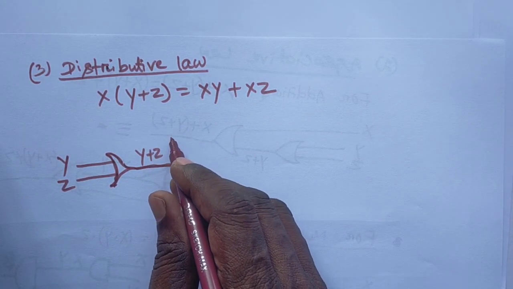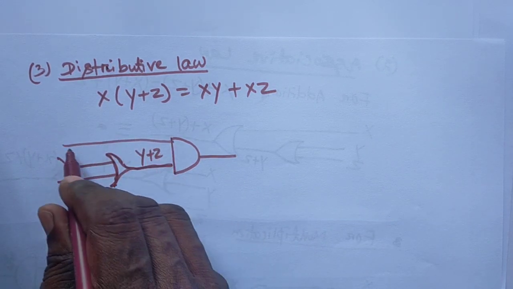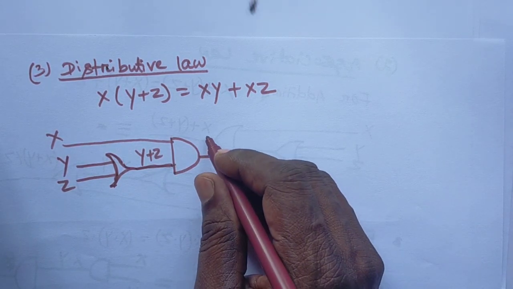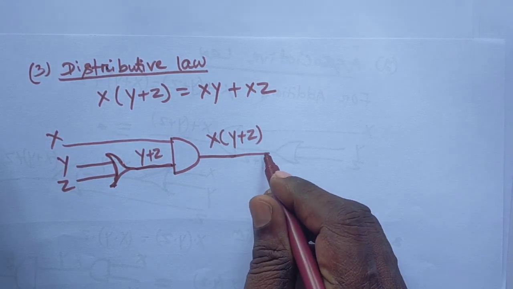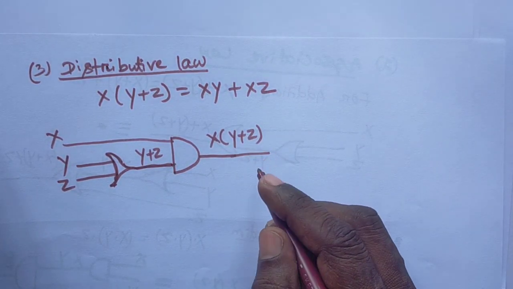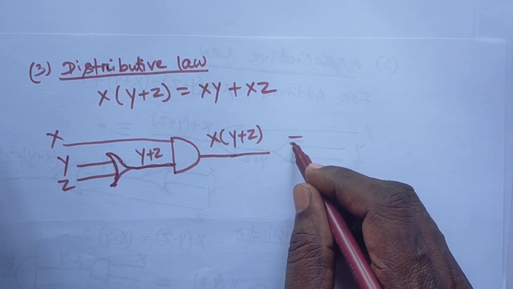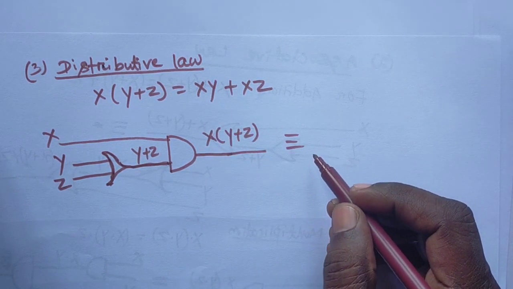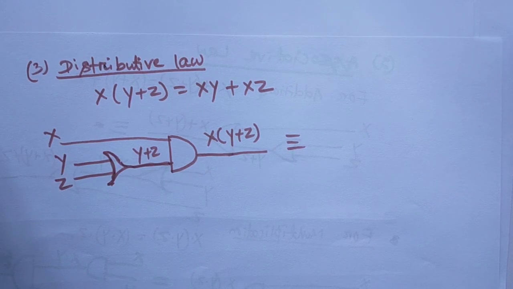So x, another variable, comes here like this. So here write x into y plus z. This is the one, which is equivalent to, we prove it, xy, another is xz.